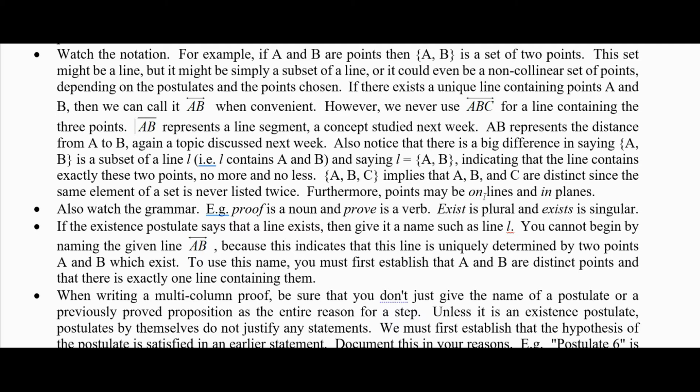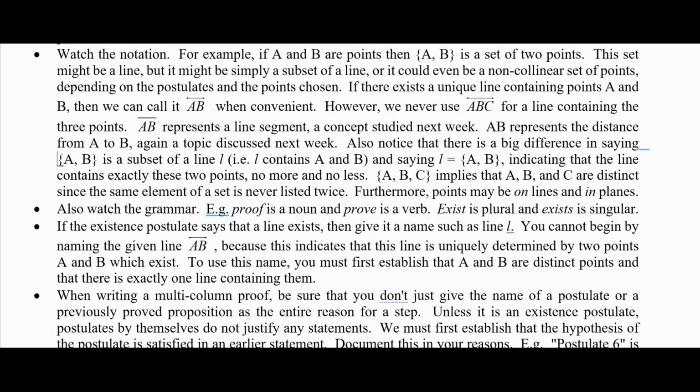Also notice that there's a big difference between saying the set containing A and B is a subset of line L, in other words, L contains A and B, and saying L equals the set A and B. The last one indicates that the line contains exactly these 2 points, no more and no less.